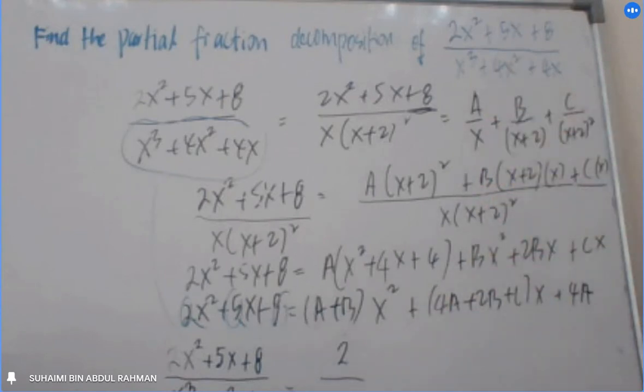We substitute a with 2. Plus b is 0, 0 over x plus 2. Plus c is minus 3, minus 3 over x plus 2 square.